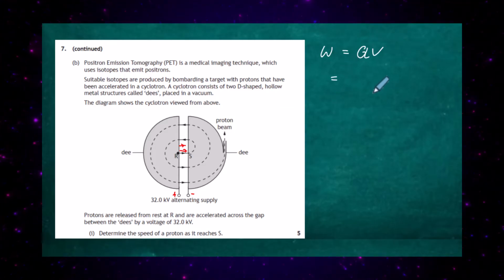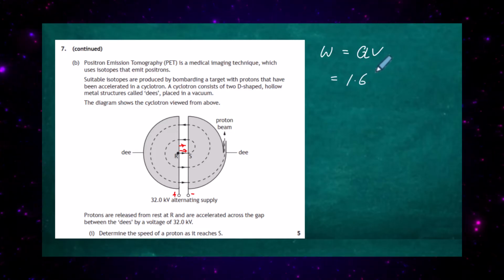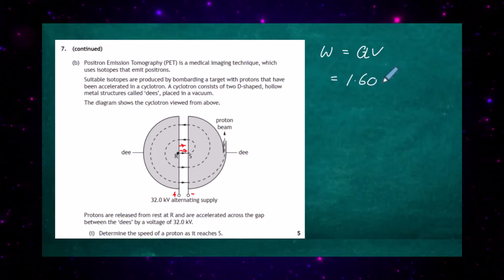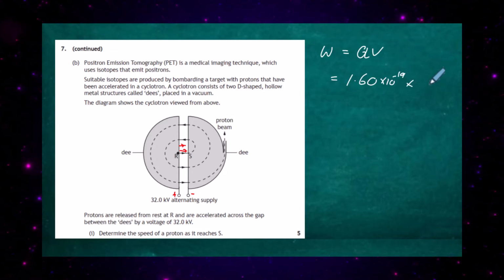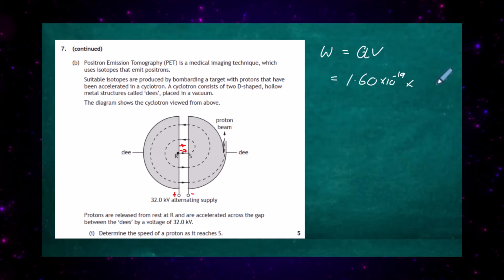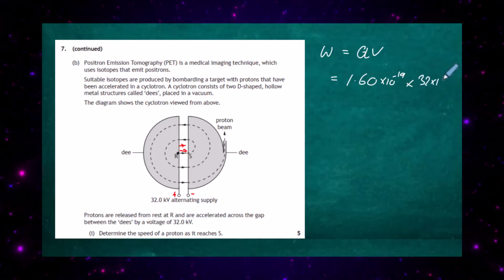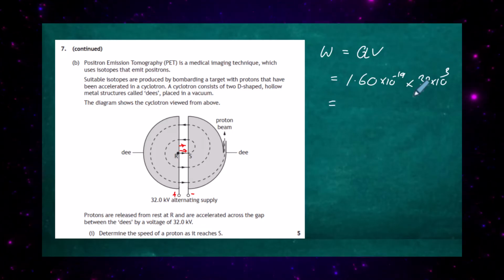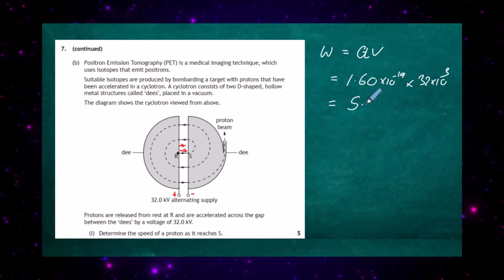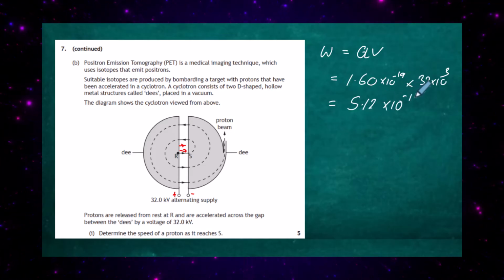The charge on the proton is 1.60 times 10 to minus 19, and we're multiplying that by the potential difference across the Ds, which is 32 kilovolts, so it's 32 times 10 to the power 3. We work that out on a calculator, and we get an answer of 5.12 times 10 to the minus 15 joules.